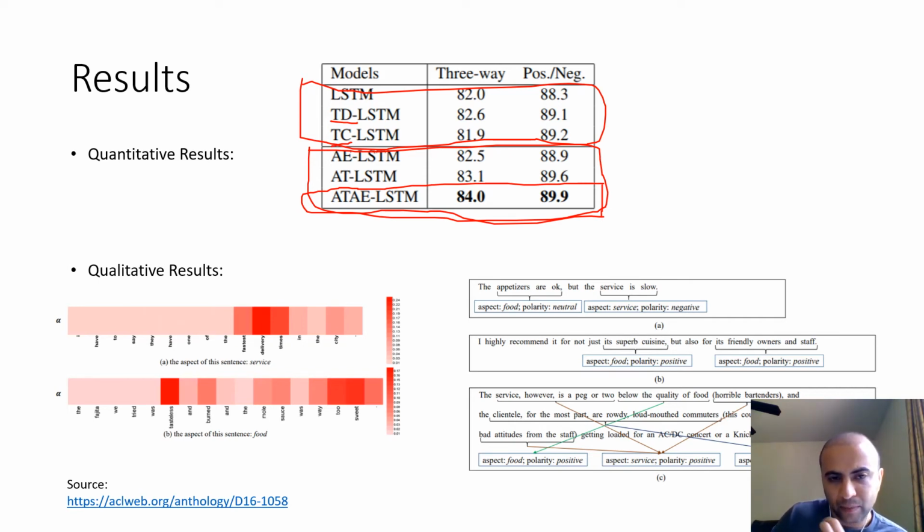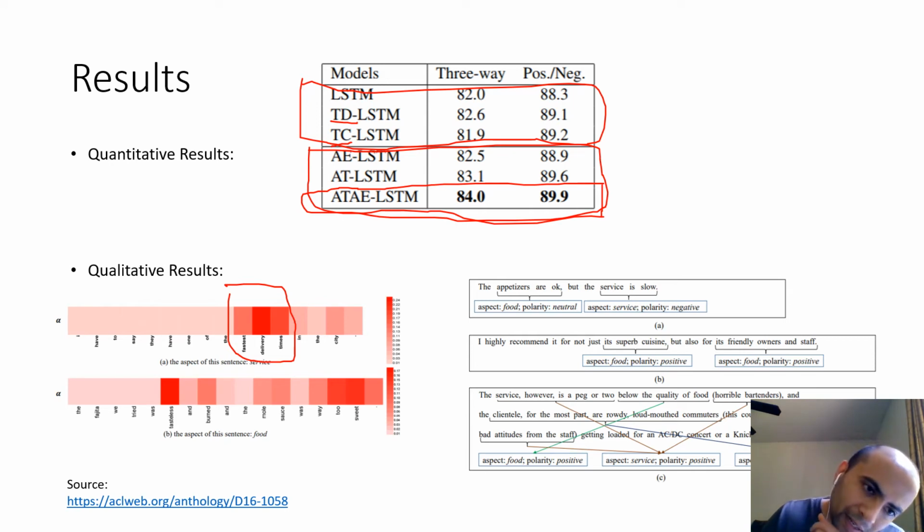And we can see that because of the aspect embedding, the three words here, fastest delivery times, are having the highest activations. Which is also a measure of saying that the aspect embedding is working, because it's able to pick up the words that are related to the aspect.